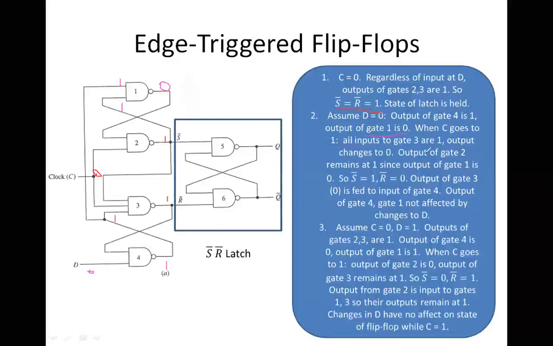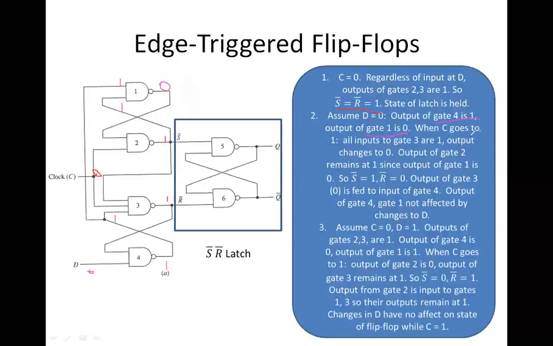Output of gate 1 is 0, and output of gate 4 is 1. Is this clear? Students, are you able to follow what I'm trying to annotate? Okay. If not, then I can again restart. So I think till here it's clear, isn't it?